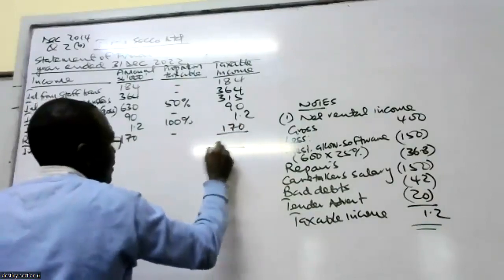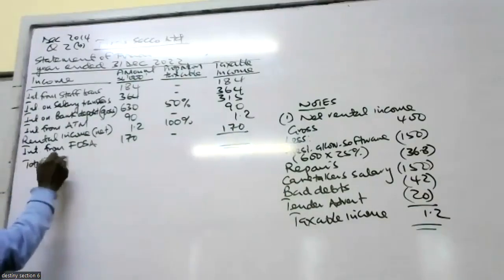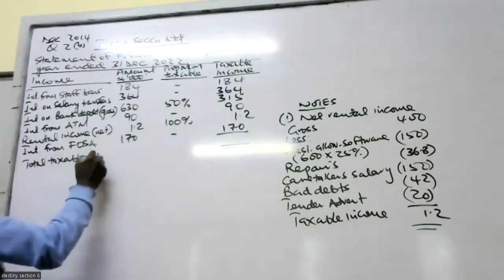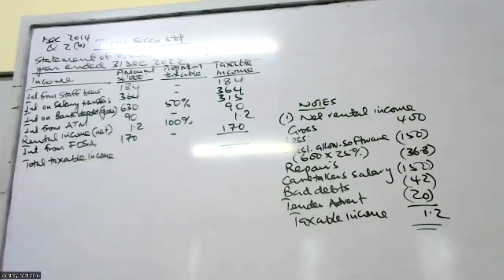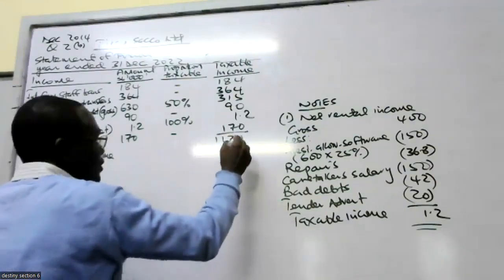So this gives us the total taxable income, which is 1124.2.